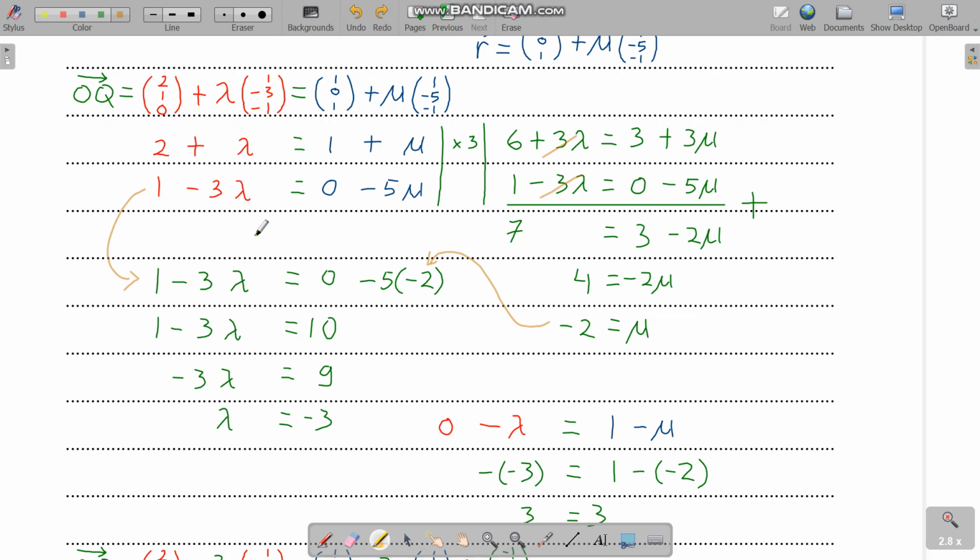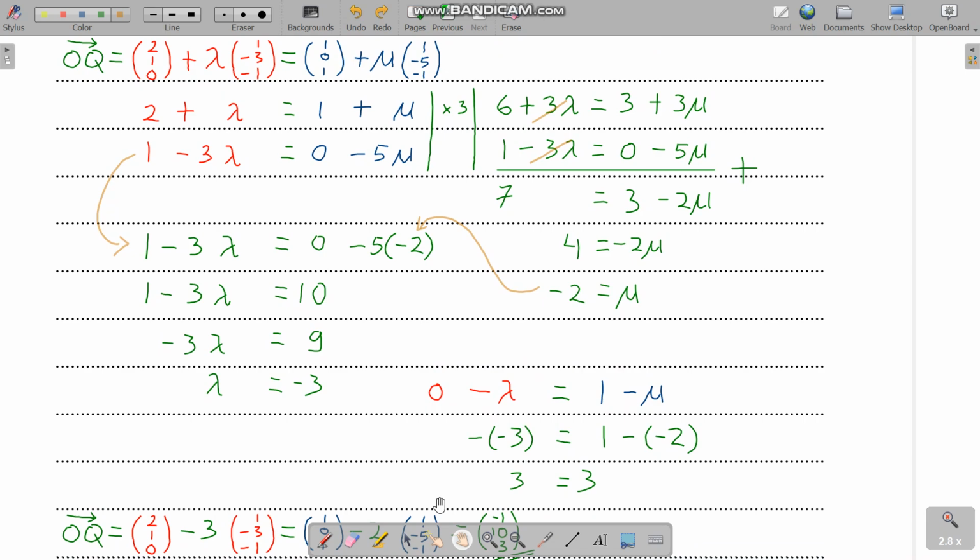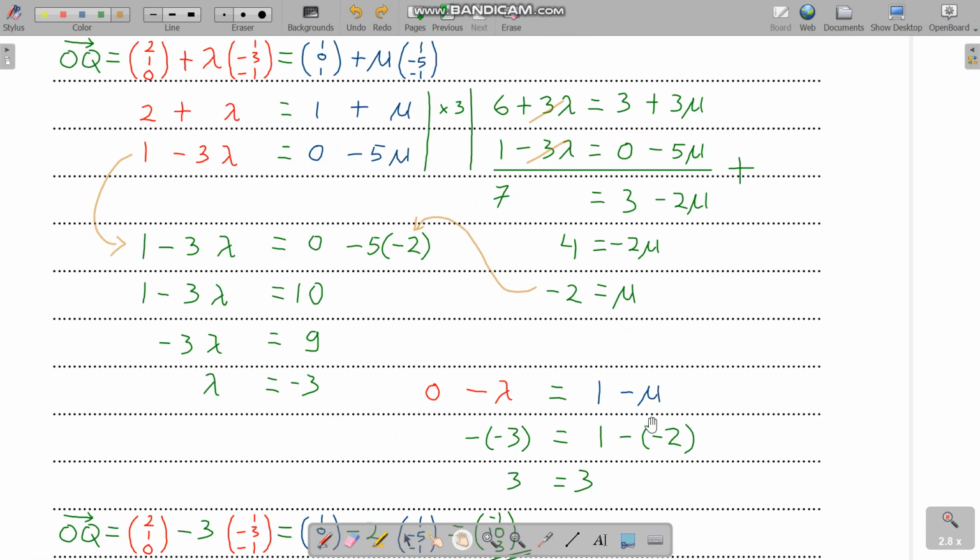After we find the lambda and the mu, actually we have to use the third component to check and make sure we have the intersection here. So 0 minus lambda equals 1 minus mu. We plug in the values of lambda and mu we have found before, so -2 and -3, and make sure it checks.